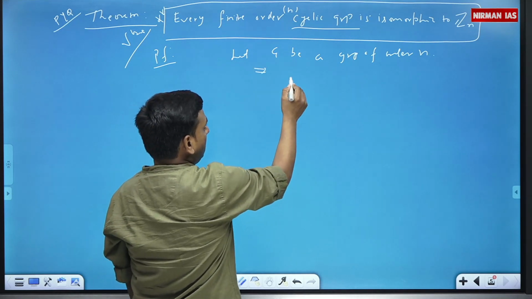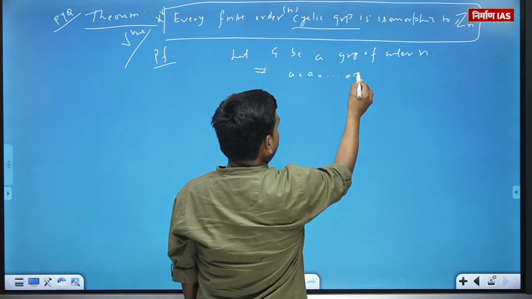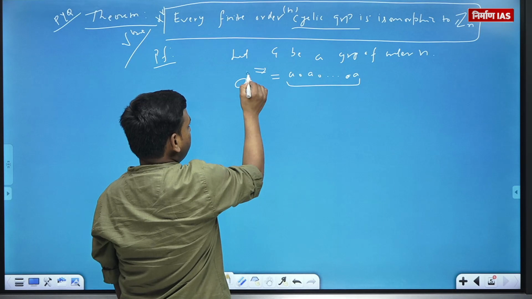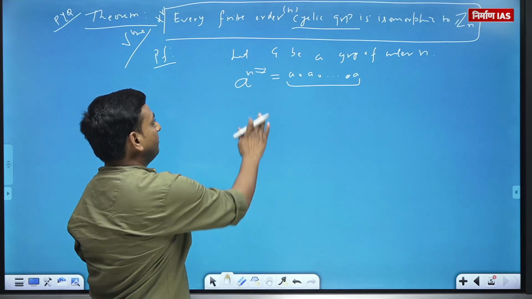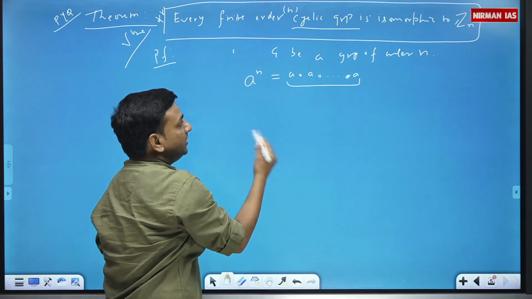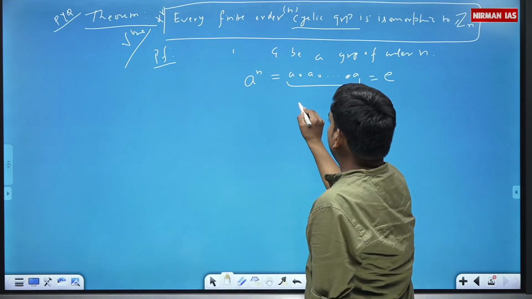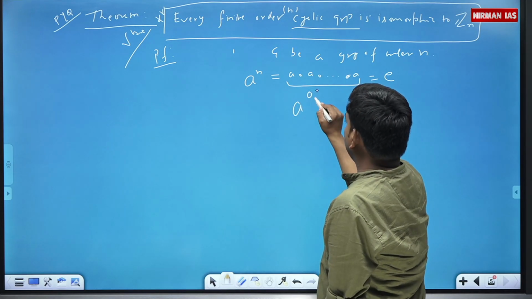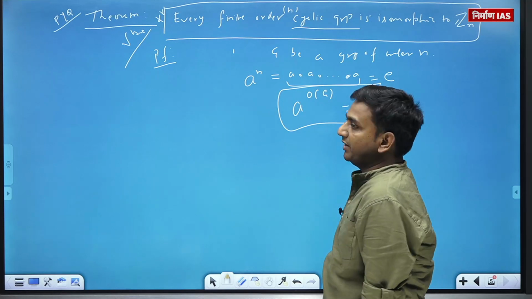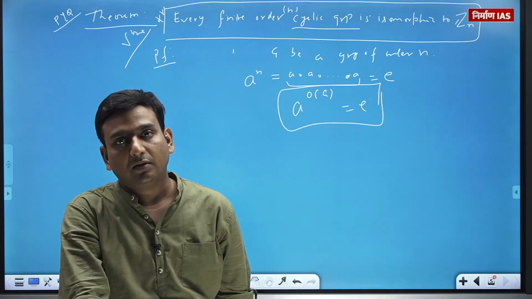Then if I do composition n times of any element, you can represent this as a raised to the power n, but that doesn't mean exponentiation. This means a composed n times. It will give you the identity, or ultimately a composed order-of-G times is the identity element. This exercise you have done in the order of element part.